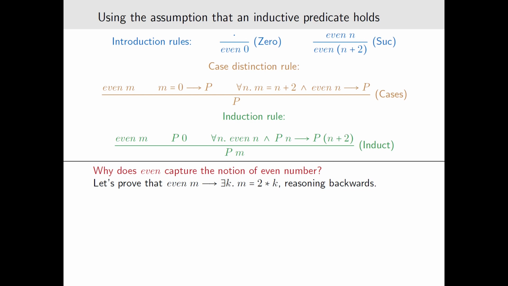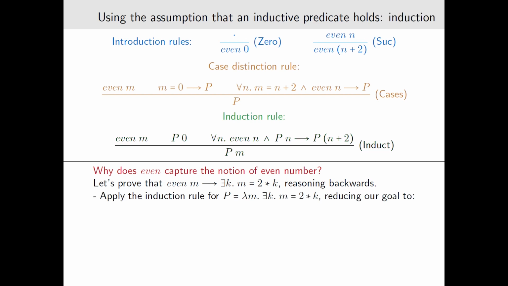So when we want to prove that even of m implies that there exists a k such that m equals 2 times k, we really need induction, right? So the case rule, obviously, this is unbounded. We don't know how far this is from the root, from the base cases, so to speak. So this is a case where we want to take advantage of the cyclicity of induction. So we apply the induction rule for this predicate.